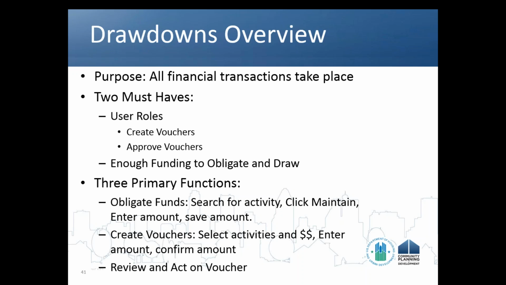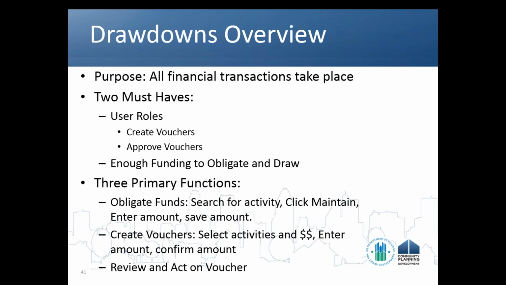There's a creator and an approver, and they're two separate people. It can't be done by the same person. So grantee admin users, you want to make sure that you have at least two individuals with the create voucher user role and two users that have the approve voucher user role.